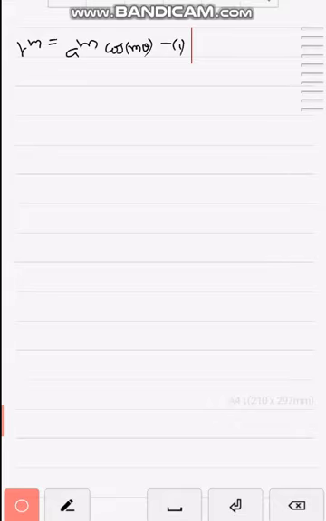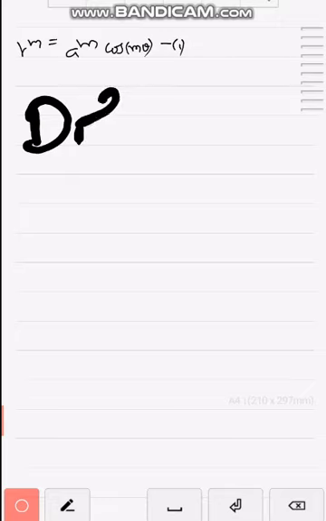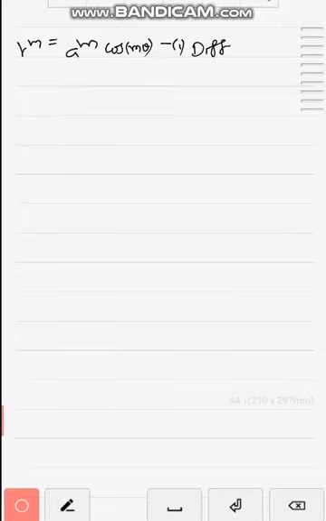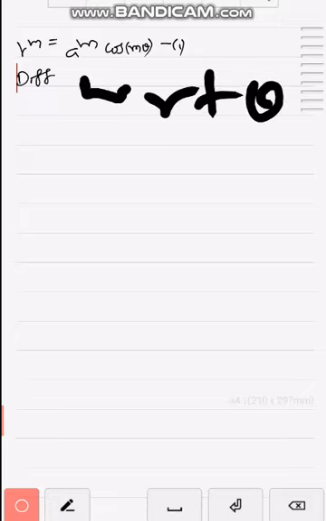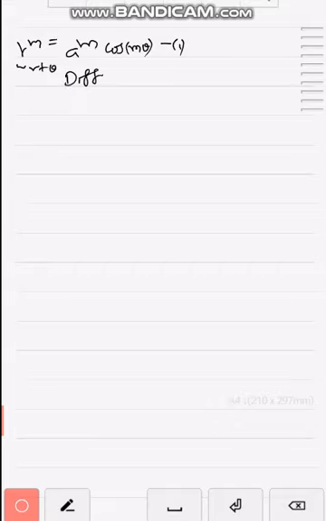So first for this curve, we differentiate with respect to theta.